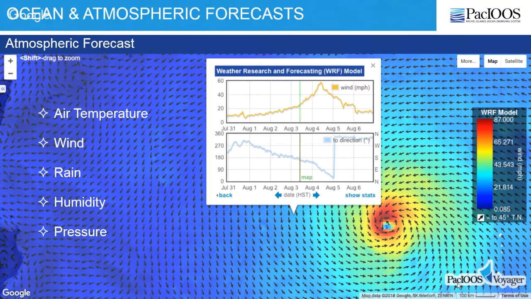We provide different grids of atmospheric forecasts. They all measure or predict air temperature, wind, rain, humidity, and pressure. What's special about those forecasts is that they're pretty high resolution for an island scale, so they take the topography of the islands into account.